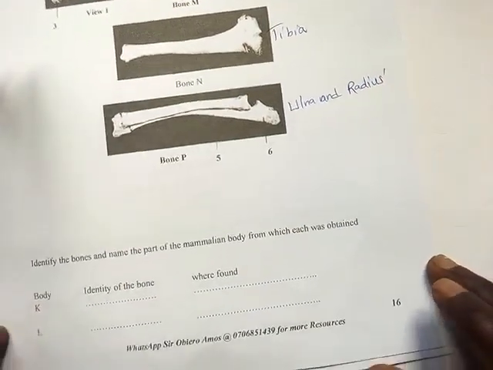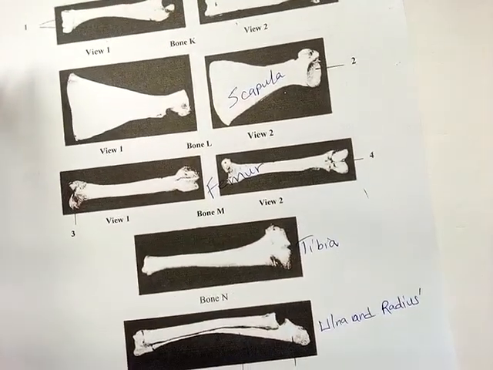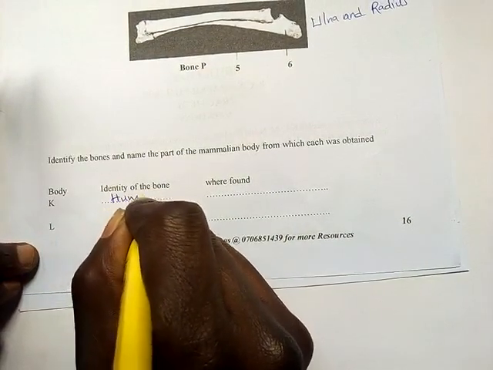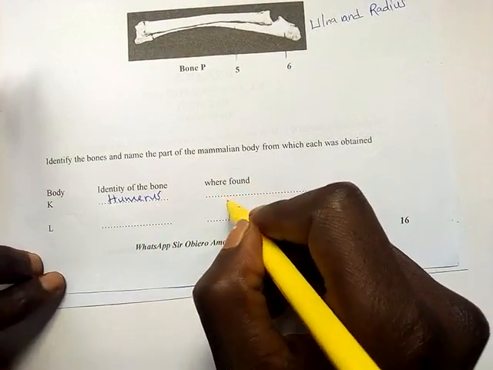Now let's answer our question. Identify the bone and where it is found. Now bone K, we have said this is the humerus, and it is found in the upper forelimb.